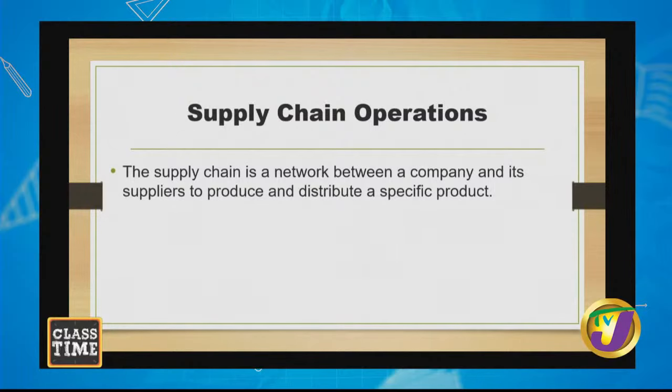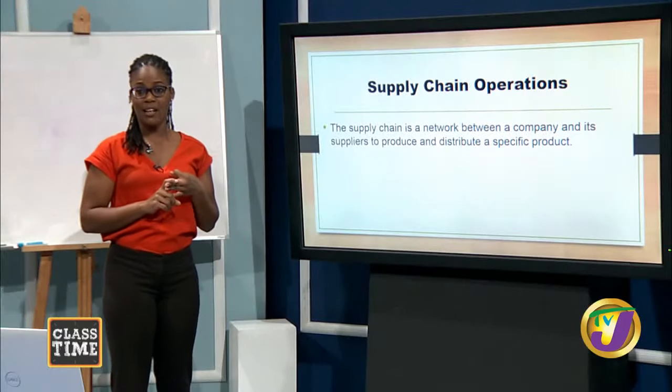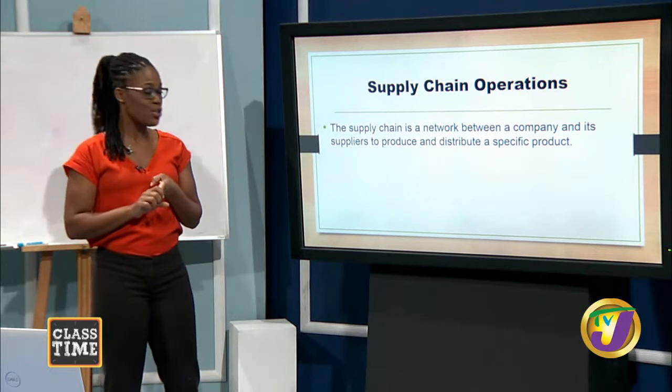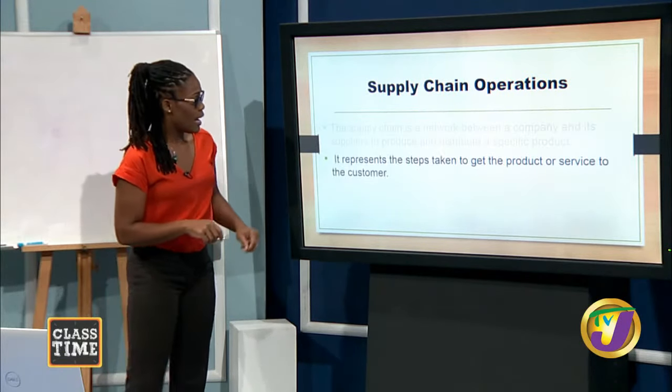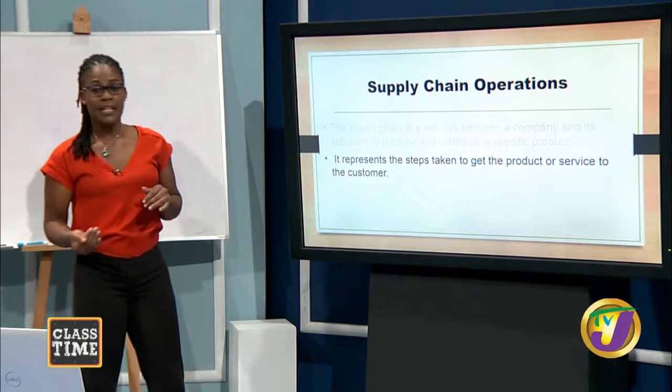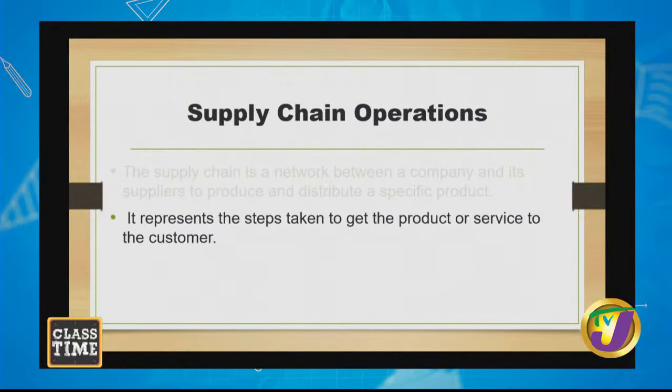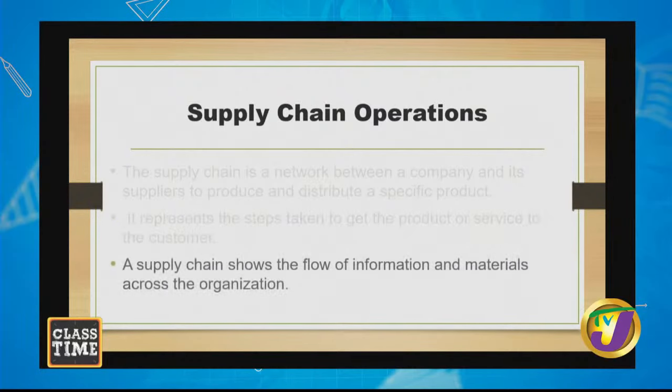So, any idea what those interrelated operations are? I'm sure you know them. So we have the producer or the manufacturer, the wholesaler, the retailer, and the consumer. Now, the supply chain represents the steps taken to get the product or service to the customer. A supply chain shows the flow of information and materials across an organization.